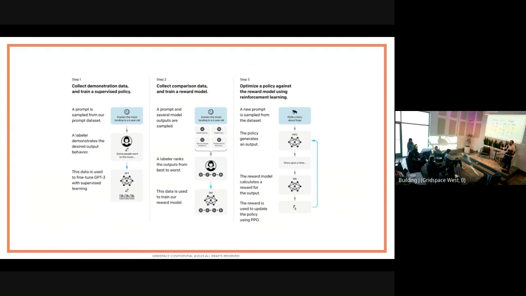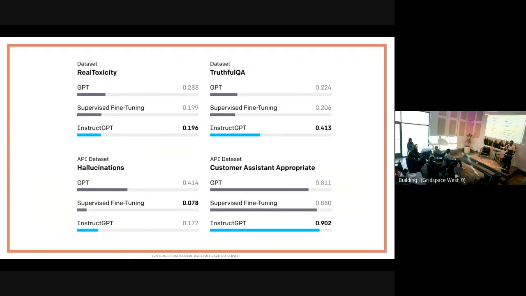But this technique where they had humans actually write their preferred outputs for an input and then rank other outputs generated from models, having humans in the loop and say, hey, take this thing that's just good at predicting sequences of words and make it so that it actually gets the right idea across, so that it actually does a good job, so that it optimizes some of these things. And you can see they're comparing things like toxicity, truthfulness, hallucinations, meaning making up things that aren't actually true but sound syntactically true, customer assistant appropriateness.